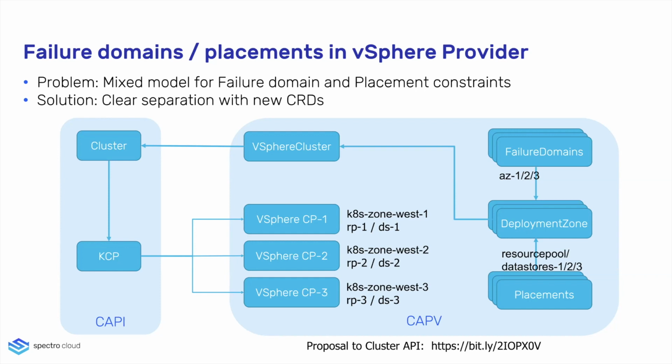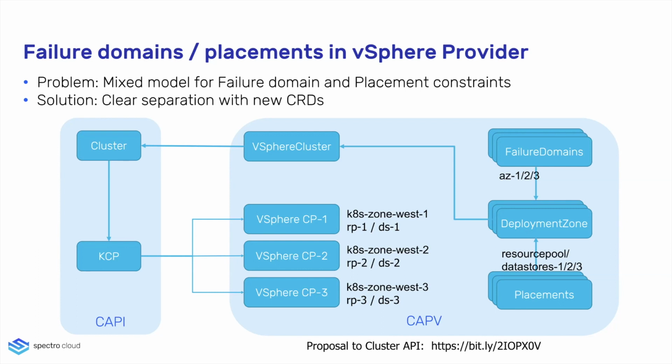On the other hand, the placement constraints are just metadata context, which is added to the fault domain to help vSphere decide where to place the VM. And the examples for placement constraints include resource pools, data stores, network, or even folder, those kinds of information.